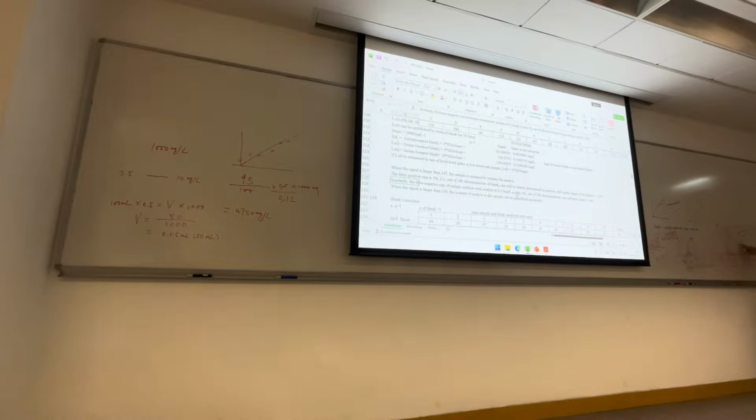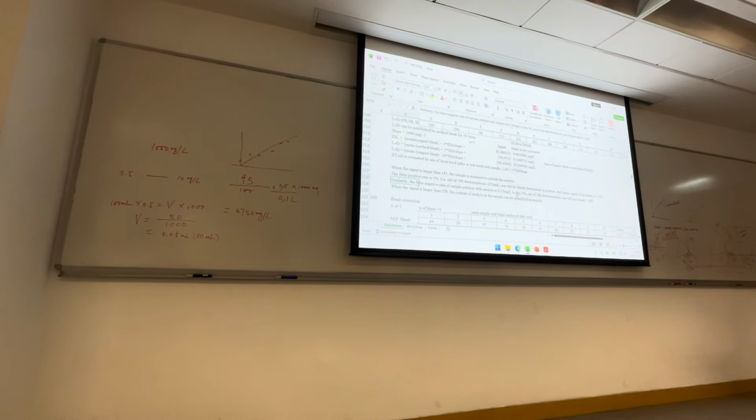Similarly, when I have a sample solution with the concentration at the LOD, that is 0.15, there is also 1% that will give you a false negative result. That means the signal will be lower than 147. That is the case.